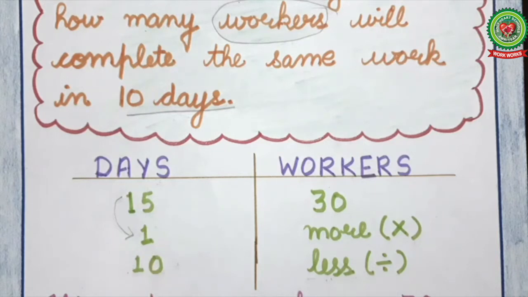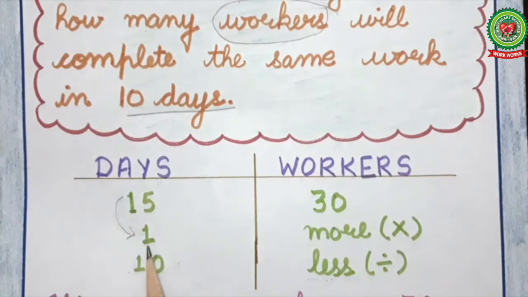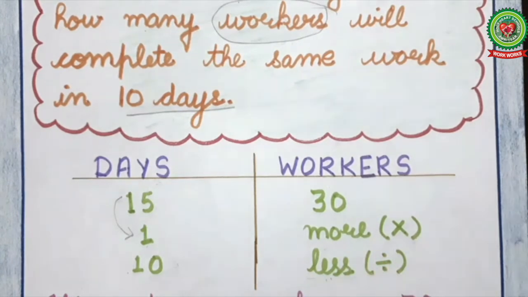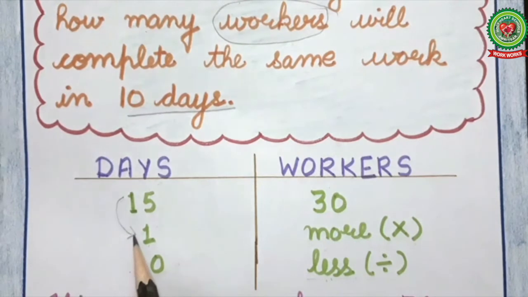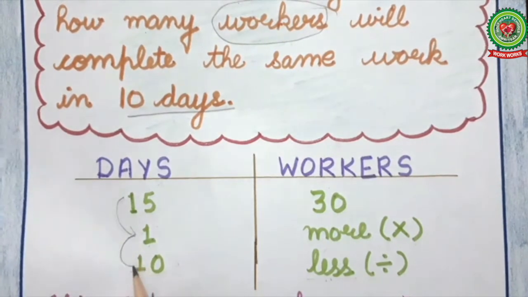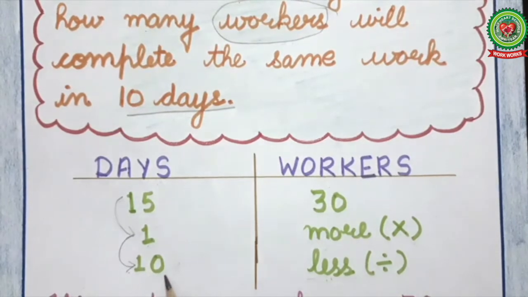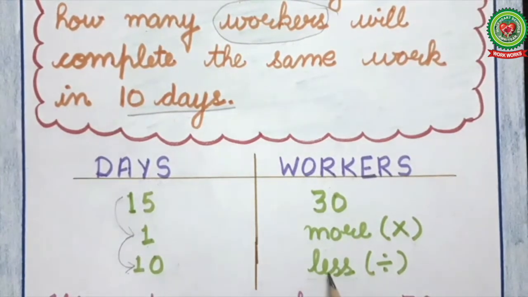It's obvious. On decreasing the number of days, workers will increase. Here more will come. More means multiply. After that, when we move from 1 day towards 10 days, days increases, number of workers decreases. Here less will come. Less means divide.